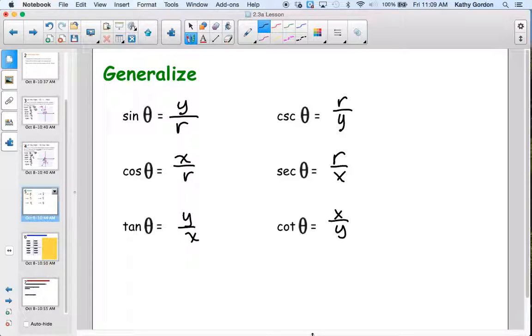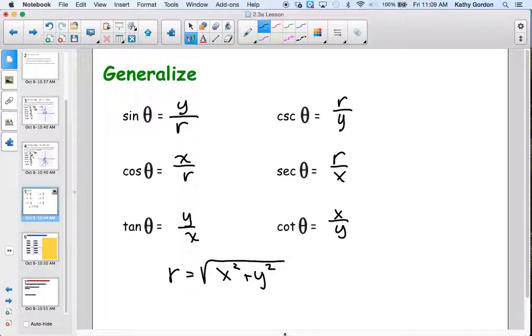So if you're someone who is into formulas, r is always equal to the square root of x squared plus y squared. So you find your r, and then you can just set up whatever trig function you want based on this generalized formula for that particular trig function.